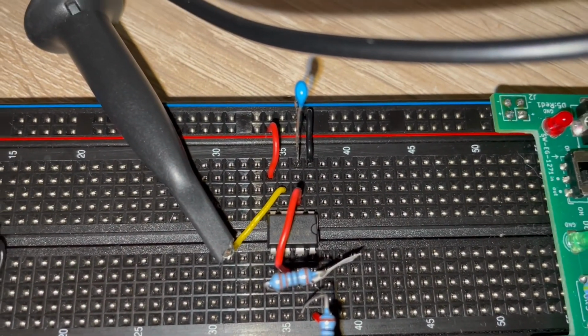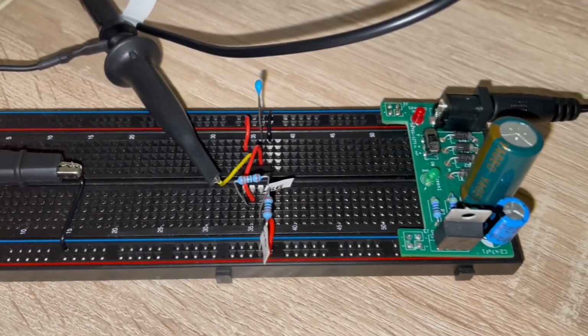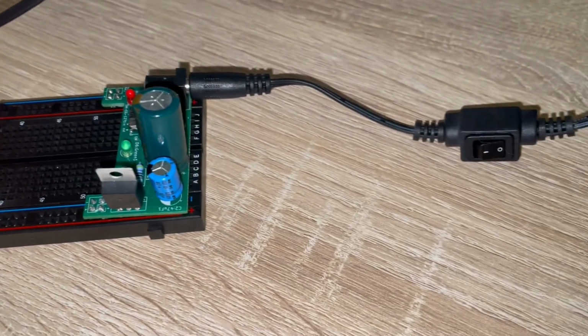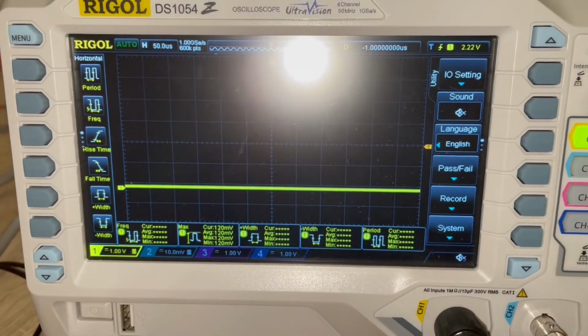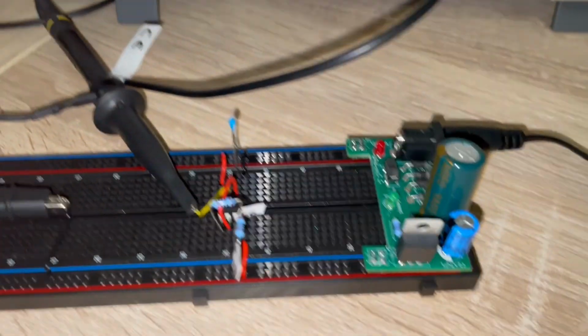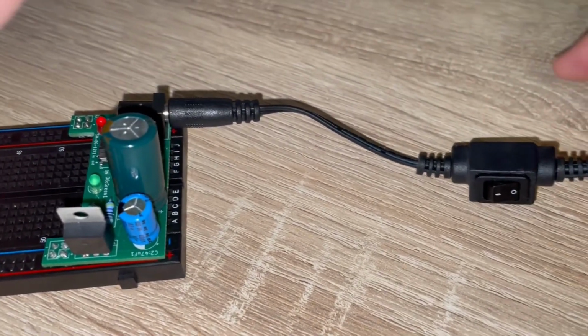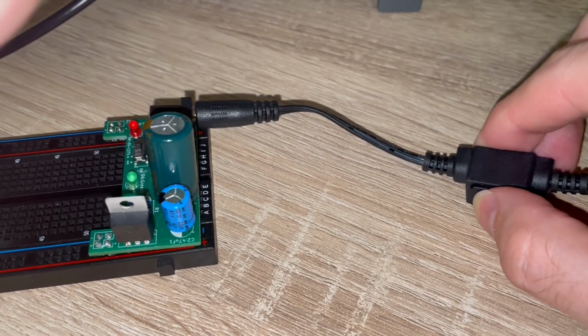And as you see here, I have it all put together, and I have here a power supply switch, which I can turn on. It's now off. You see there's no waveform, and then let's switch that thing on. Tuck.